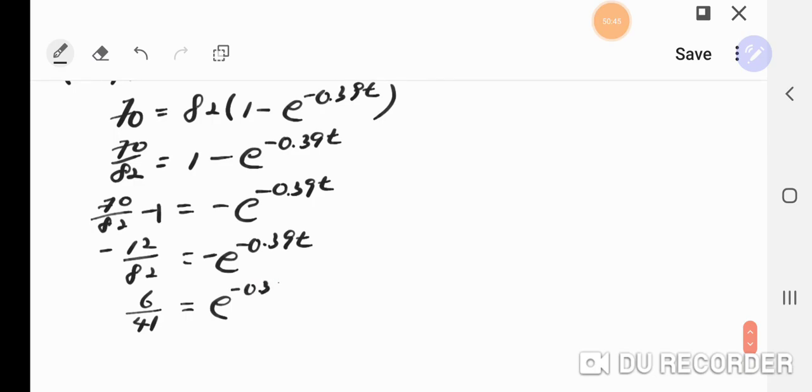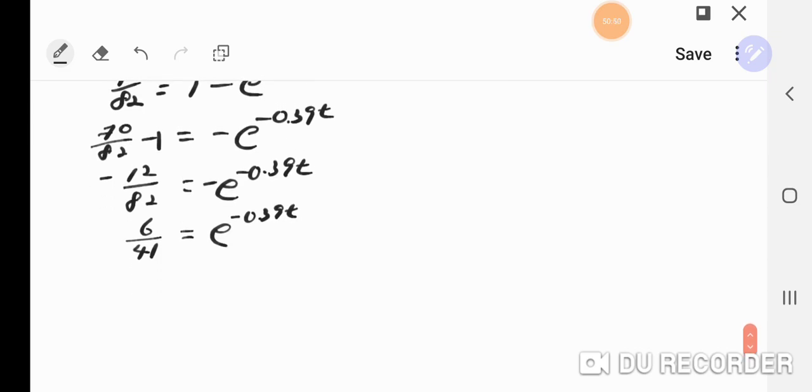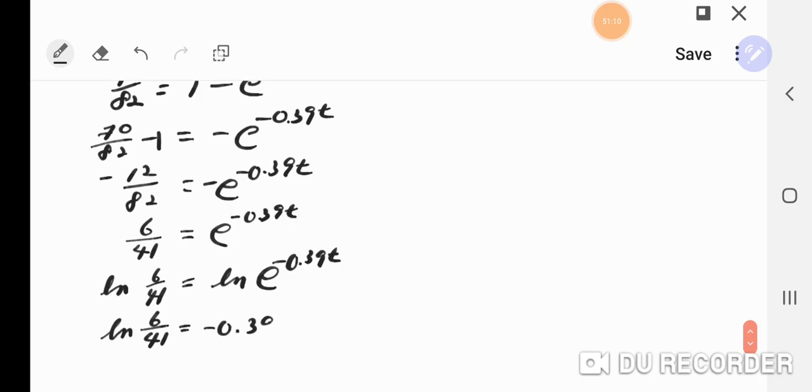And then finally, we can eliminate the base e by taking the natural logarithm. So natural logarithm of 6 over 41 is equal to, take the exponent out, negative 0.39t, and ln e becomes 1. Always make sure that ln e is equal to 1.